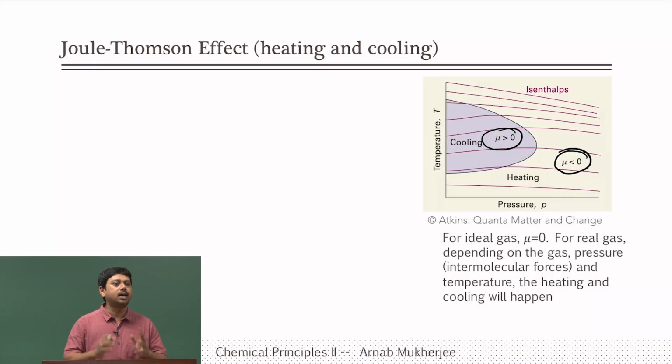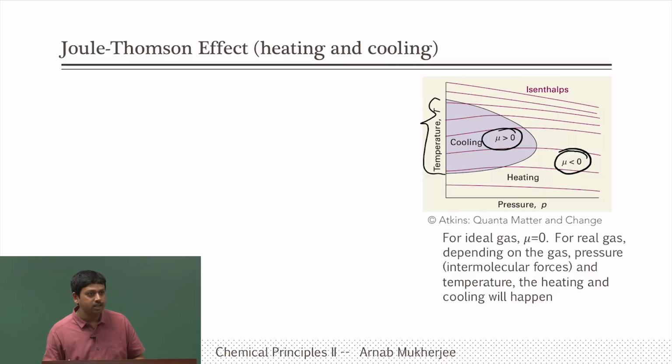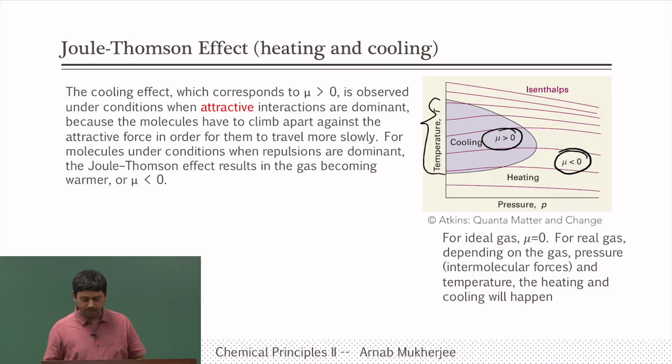A real gas does have interaction, so A is not 0. So, in a real gas situation, you are going to get a cooling effect. Typically, it is used for cooling, but that cooling is limited to a given range of temperature and pressure. If you are in this shaded region, there will be a cooling effect. However, if you are in this other region, there will be a heating effect.